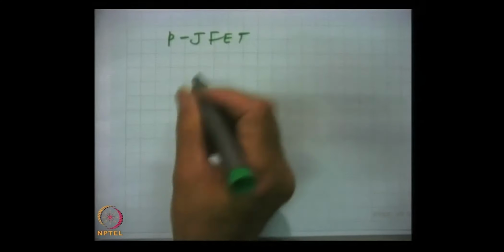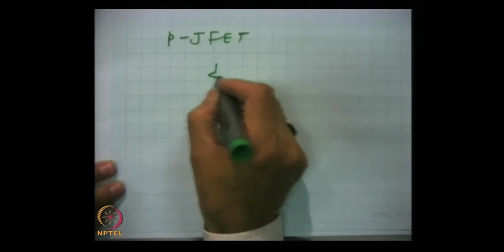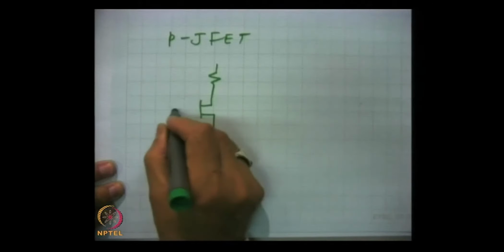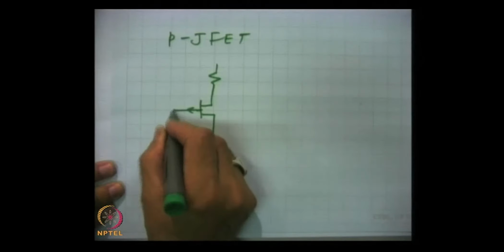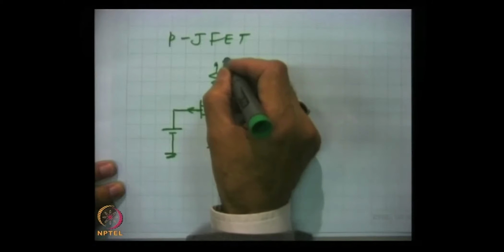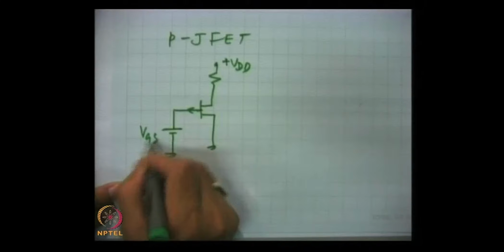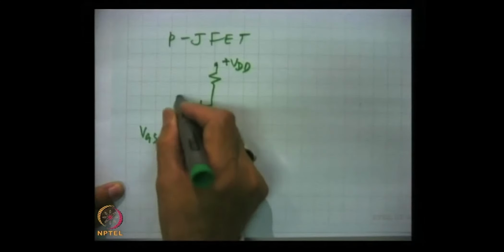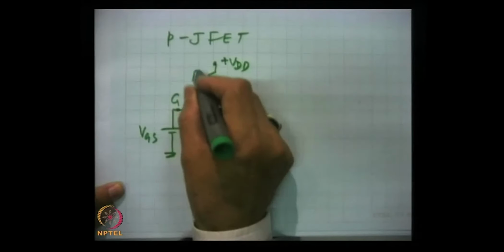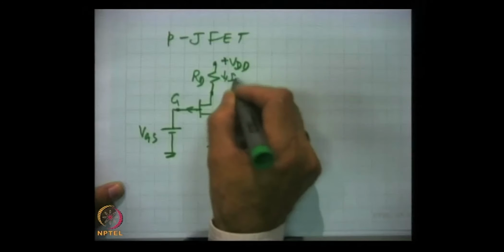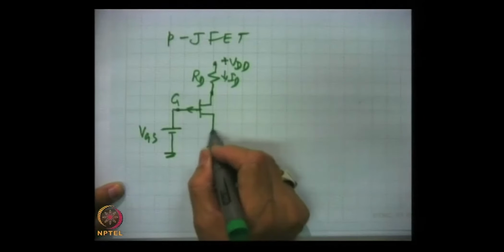That means for PJFET, this is VDD and this is VGS, this is G, RD, ID, and this is source.